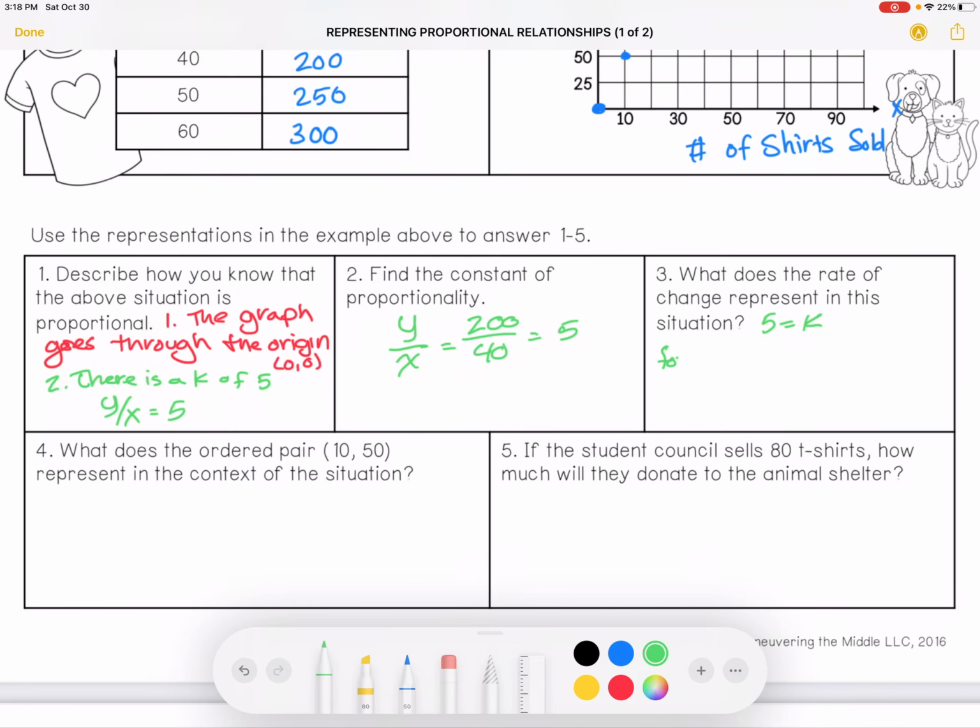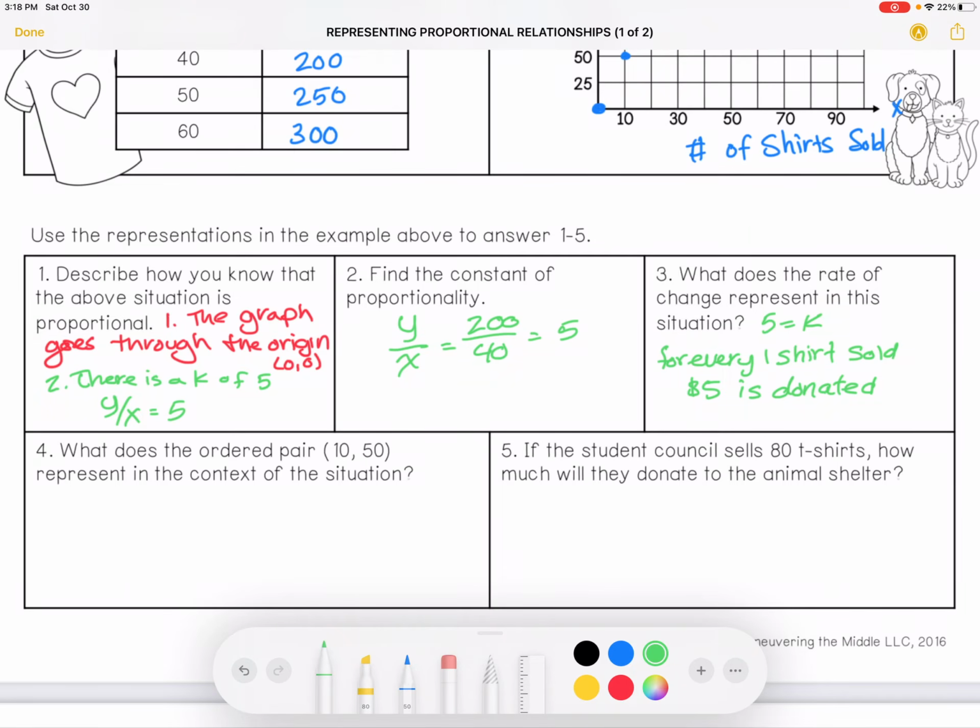So for every 1 shirt sold, $5 is donated. You could say that backwards too. You could say $5 is donated for every 1 shirt.